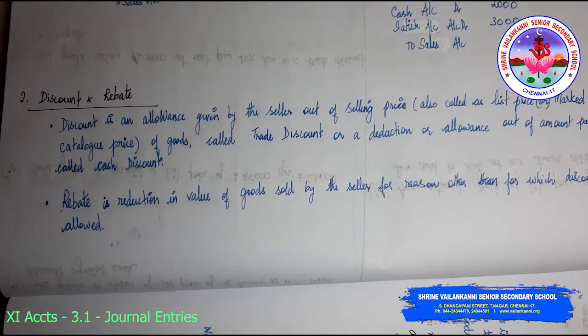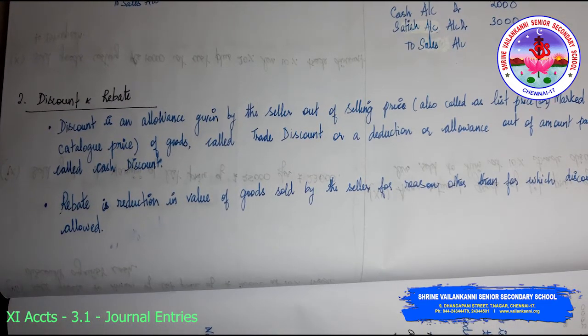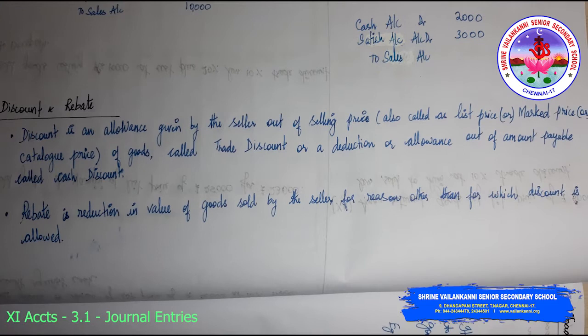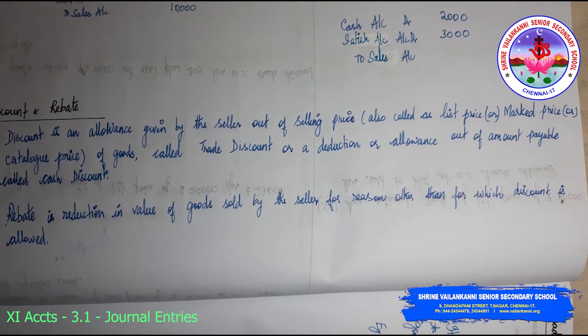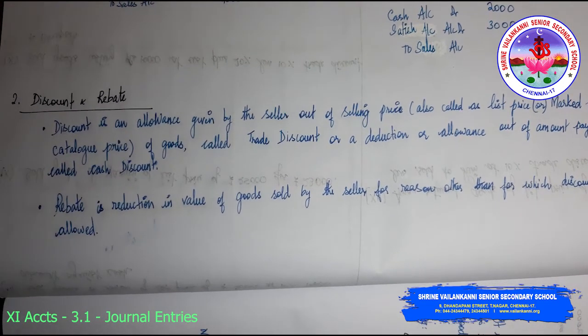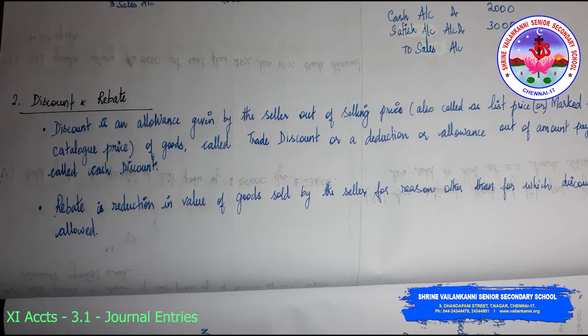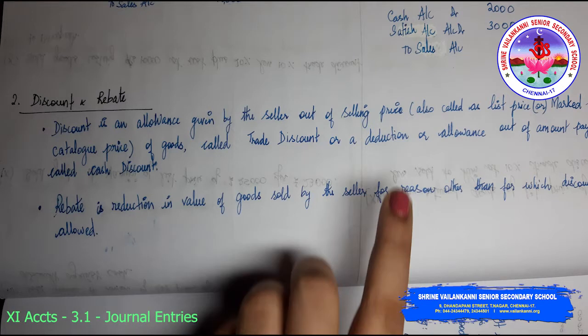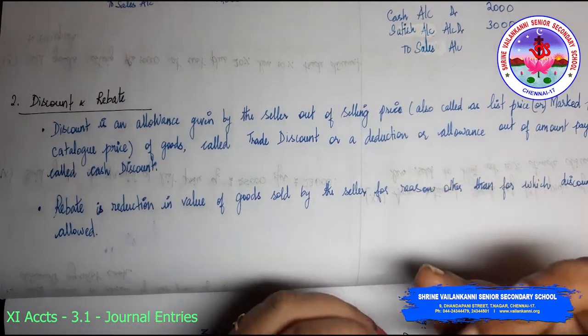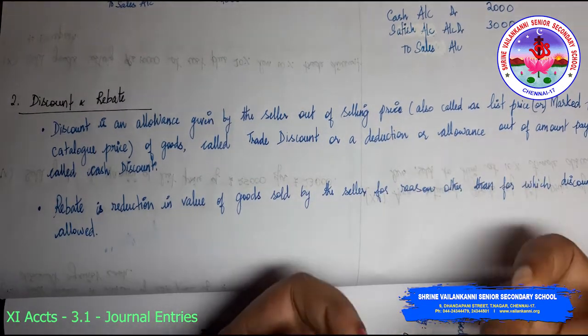There is one more concept called discount and rebate. Discount is an allowance given by the seller out of selling price, also called list price or market price or catalog price. If the selling price is 10 rupees, what is the discount? Maybe 2 rupees may be the discount.